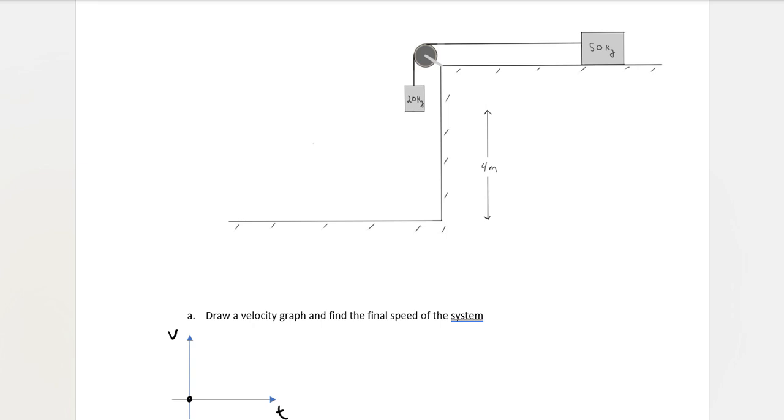We'll call that a v final or something like that. And then use concepts of slope and area. The area, once we get this graph done, you should have a triangular area, is equal to the distance that this thing moved, which I think is 4 meters. And from that, you should be able to calculate the v final. All right? And that's what it's asking for, the final speed of the system.